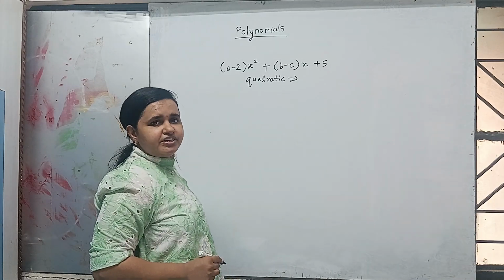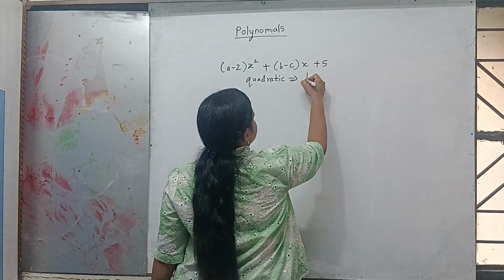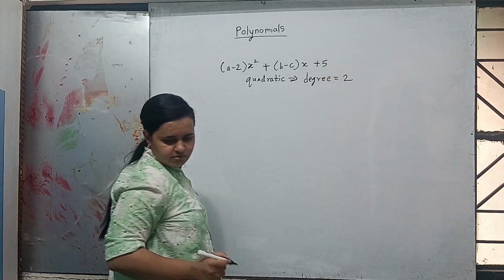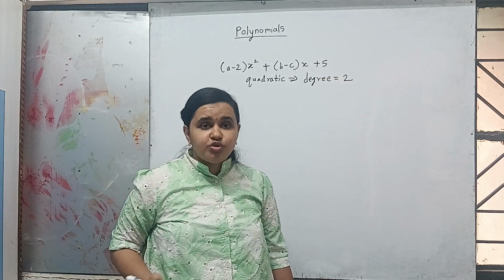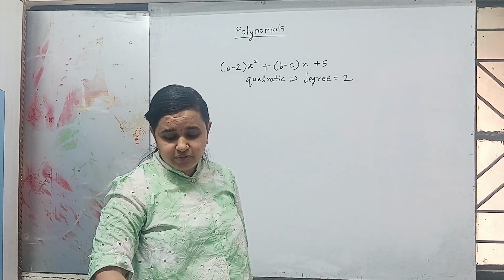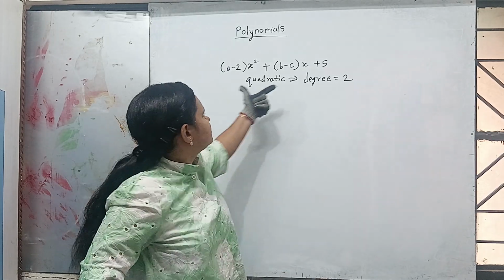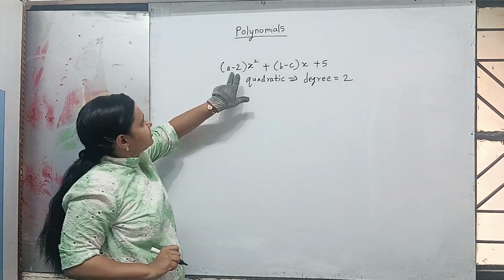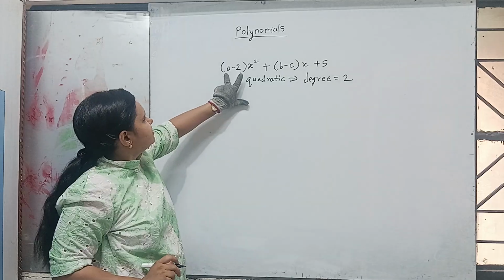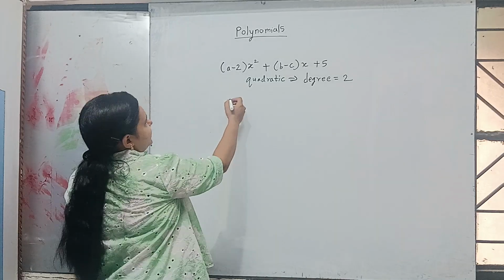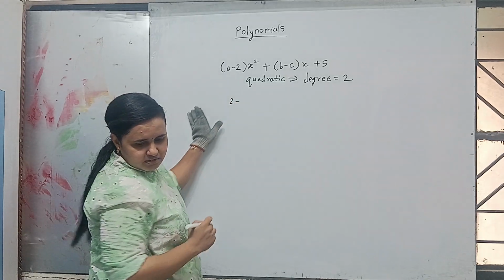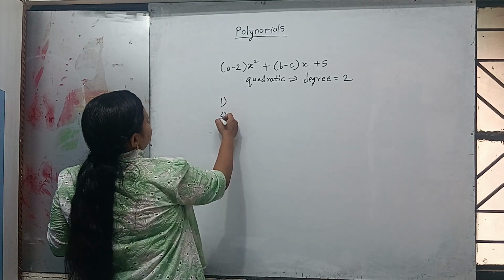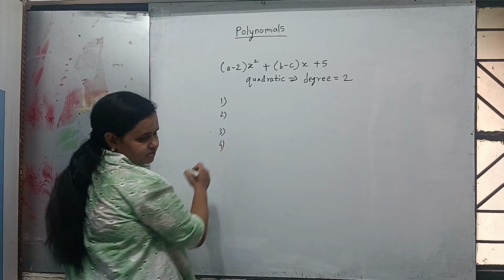Quadratic means having degree 2. Then the value of a should not be what? It is asked that the value of a should not be what? If the degree is given as 2, that means a should not be... Let us take the options. 1, 2, 3, 4.